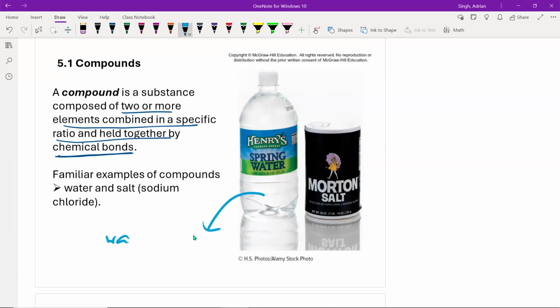Water, as you probably know, has the chemical formula H2O, H subscript 2, and then O. And then salt, if it's just pure salt and not fortified with iodine or anything like that, would be regular old table salt, just to specify the type of salt, because there can be many different types of salts, as we'll see down the road. Table salt is sodium chloride, which has the chemical formula NaCl, Na for the sodium, Cl for the chloride.